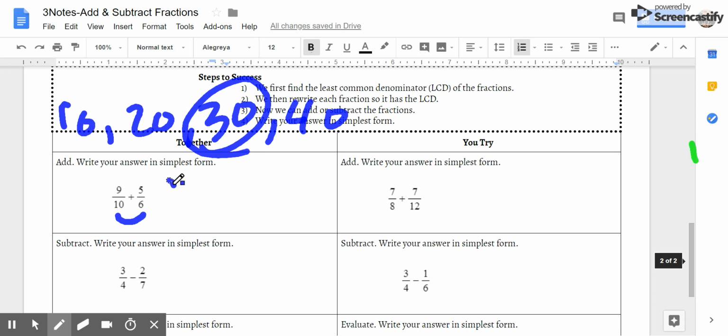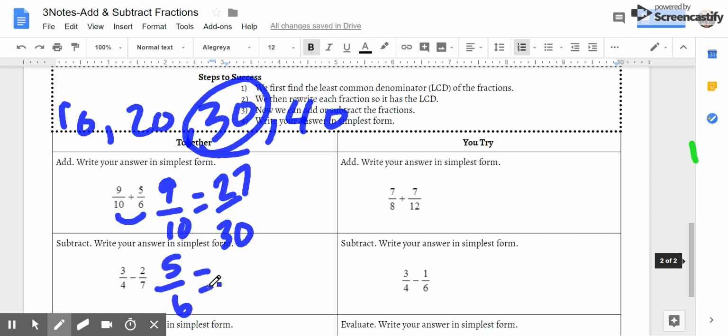So 9/10 is going to be 27/30, and 5/6 is going to be 25/30.